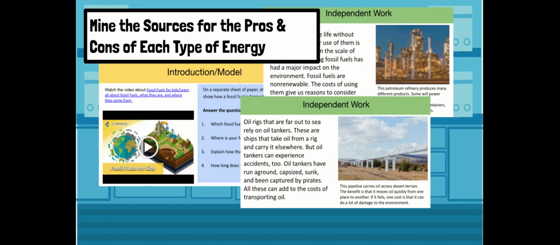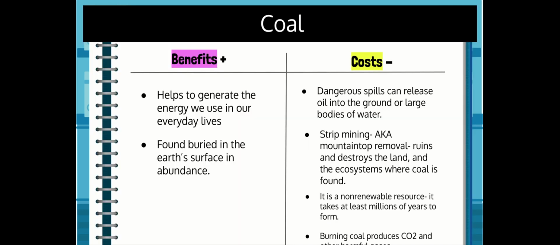So, the first thing you're going to have to do is mine your sources of information for the pros or the benefits and the cons or the costs of each type of energy. Now, I suggest you set up some kind of a notebook. I've already gone through, I've watched all the videos, I've taken a bunch of notes in my notebook, as you can see.